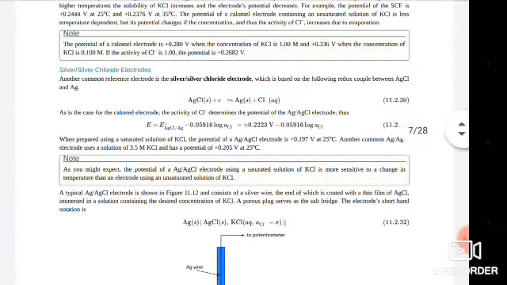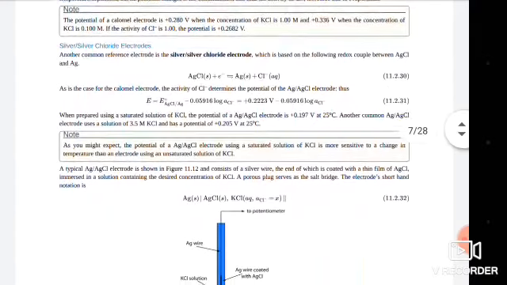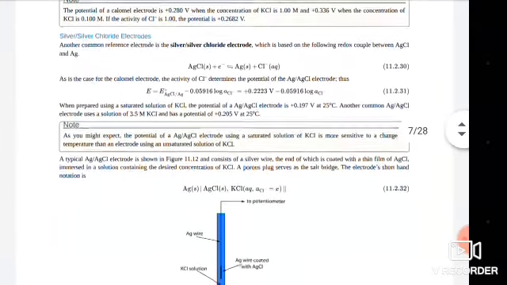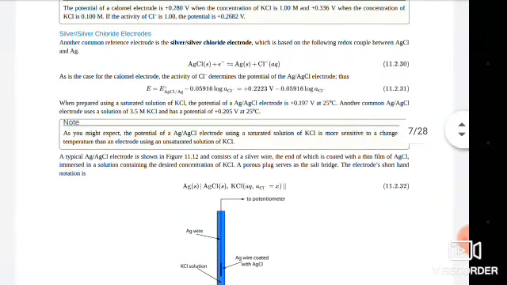Next one is the silver chloride electrode. Another common reference electrode is the silver chloride electrode, which is based on the following redox couple between AgCl and Ag. AgCl solid plus 1 electron gives Ag solid plus Cl minus aqueous. As is the case for the calomel electrode, the activity of Cl minus determines the potential of the AgCl electrode.